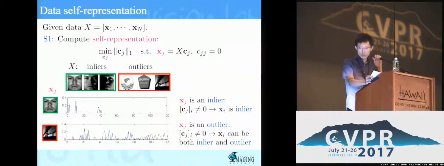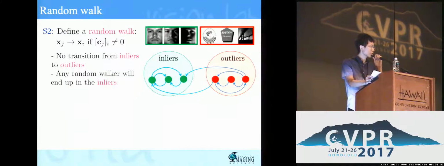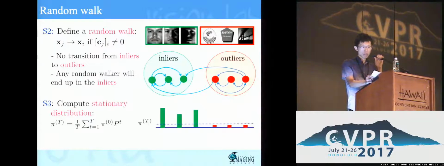Motivated by this observation, we are going to use a graph to capture the different behavior in the representation vectors of inliers and outliers. In particular, in this random walk graph, there will be no transitions from inliers to outliers. Therefore, a key observation in our algorithm is that any random walker initialized on this graph will always end up in the set of inliers.